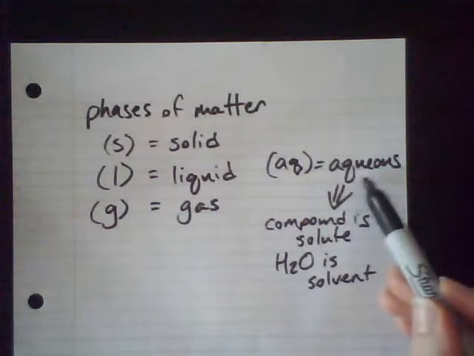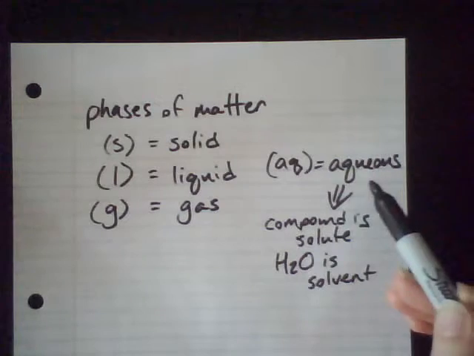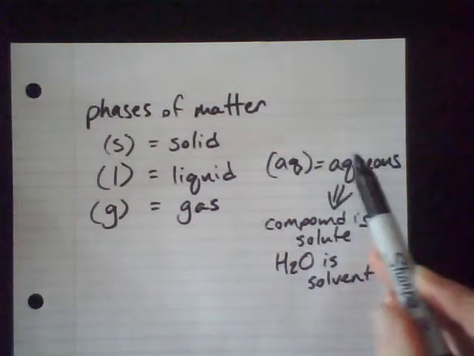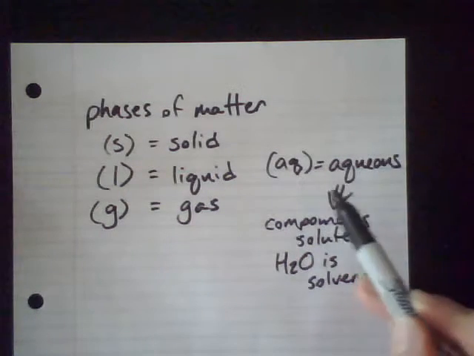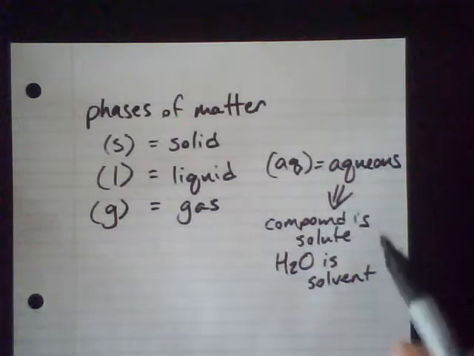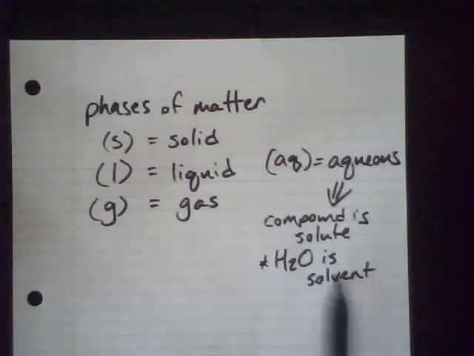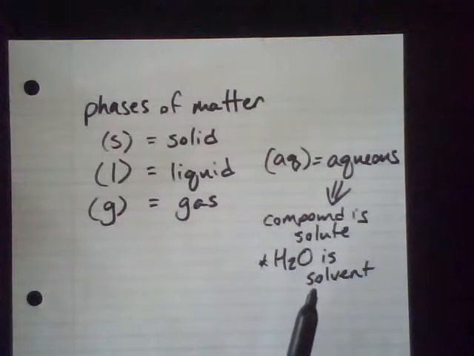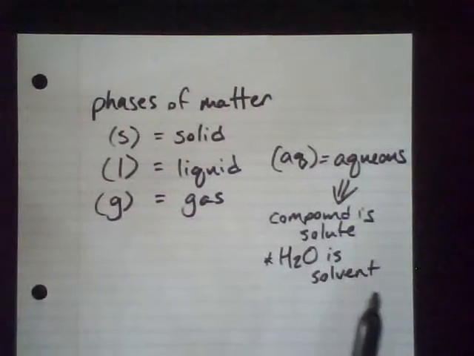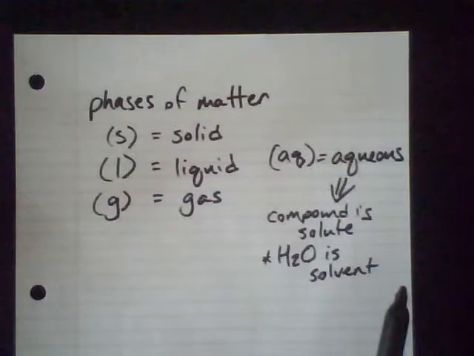You could probably have guessed that just from the word aqua or aqui. This kind of prefix usually refers to water. So it's aqueous, which means that it's a solution with water as a solvent. Okay, so whatever it is that that AQ is next to is in a solution, and we'll look at some examples of that as well.